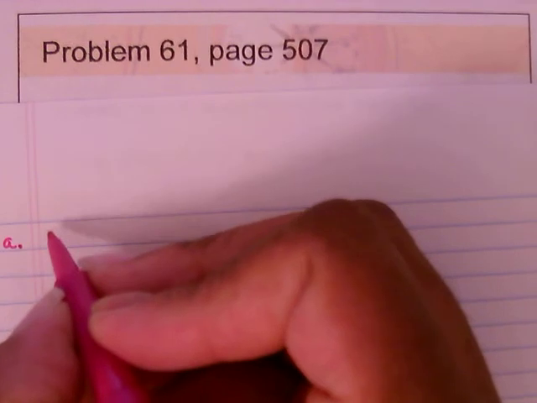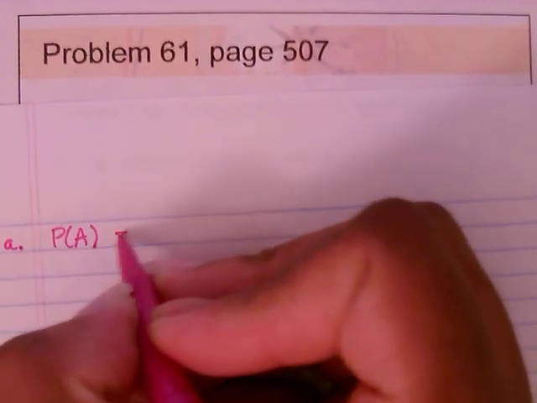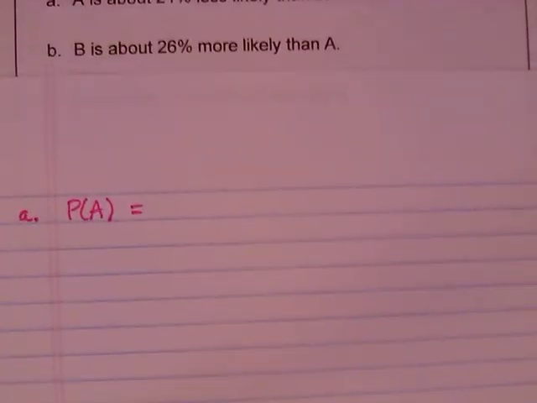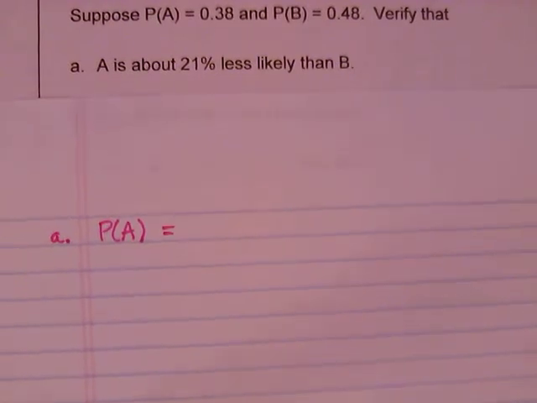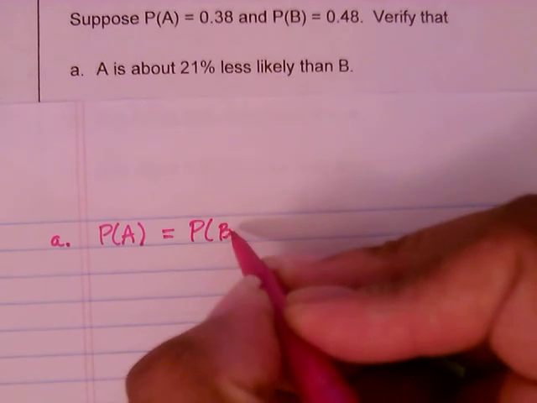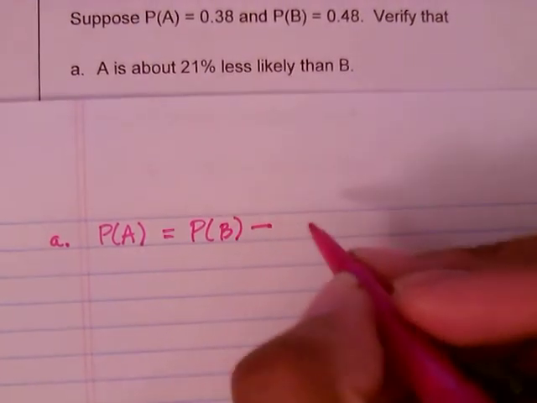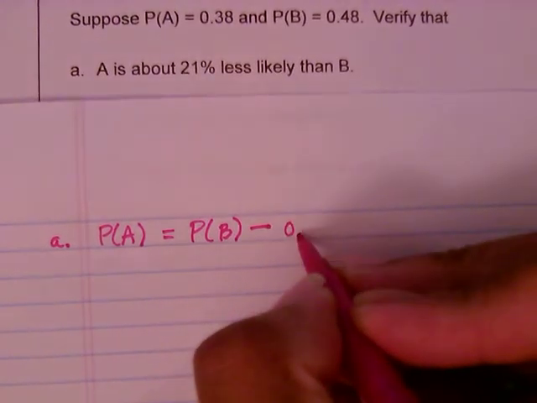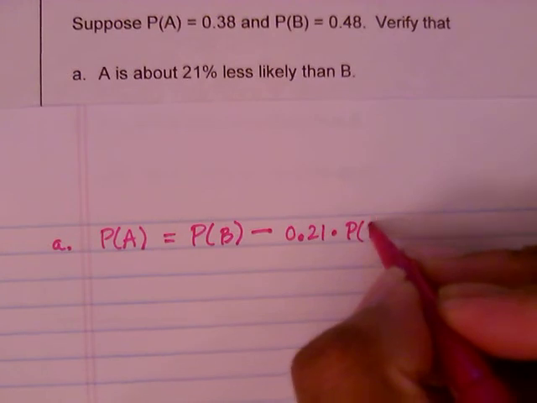So to interpret that, I want the probability of event A to be equal to this. The probability of event B, less likely, I need to subtract 21% of that. Well, 21% would be 0.21 times the probability of event B.